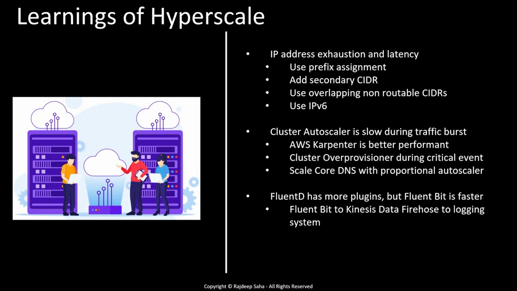FluentBit can put all the logs in a Kinesis Data Firehose. So basically FluentBit can put as many logs as it can, but the logging backend does not need to consume those logs at the same rate. Because it is saved in Kinesis Data Firehose, the logging system can consume at the rate it can.